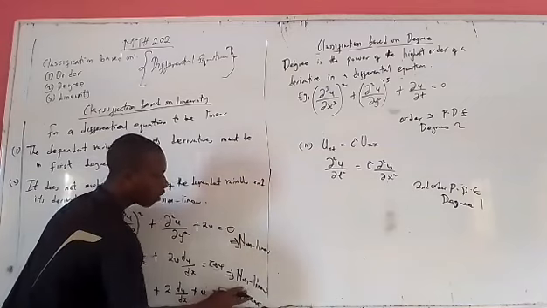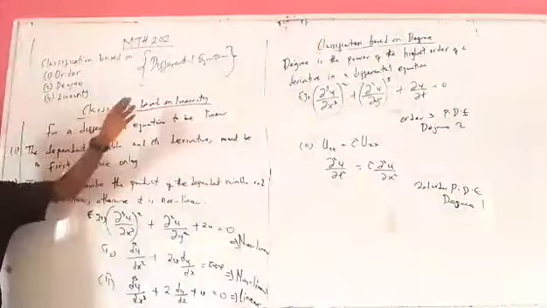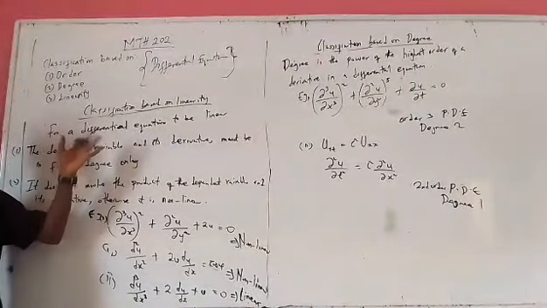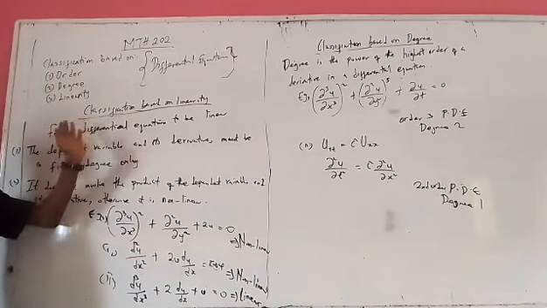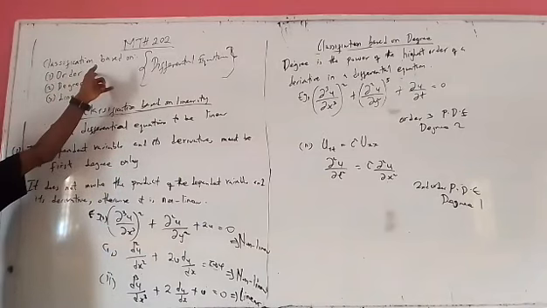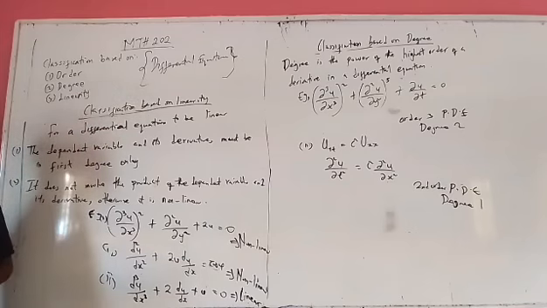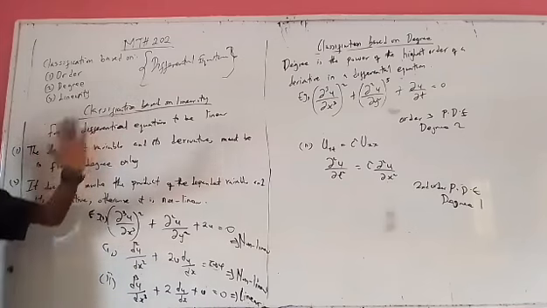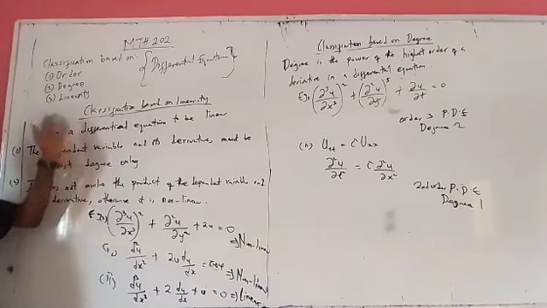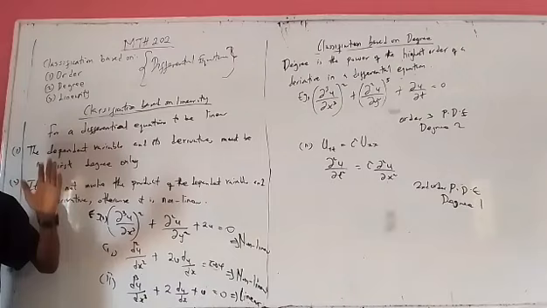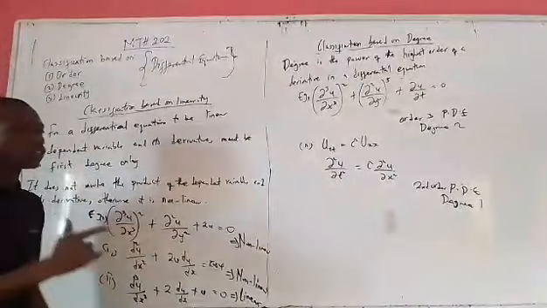So now we can identify based on the types of differential equation which one is ODE and which one is PDE. We can also identify based on their order, their degree, and their linearity. These are the little things I want you to put into consideration when you are solving classification questions in differential equations.